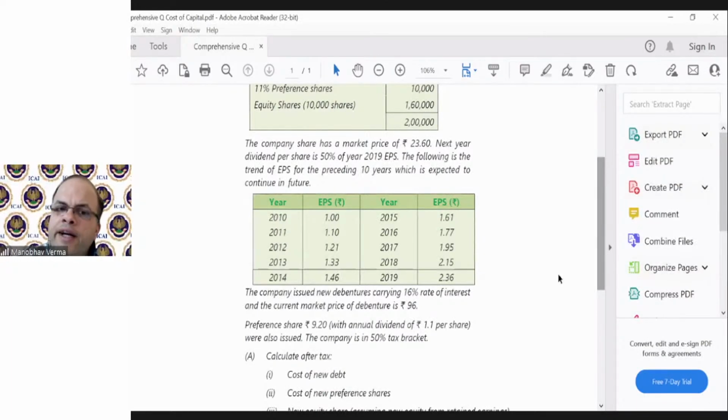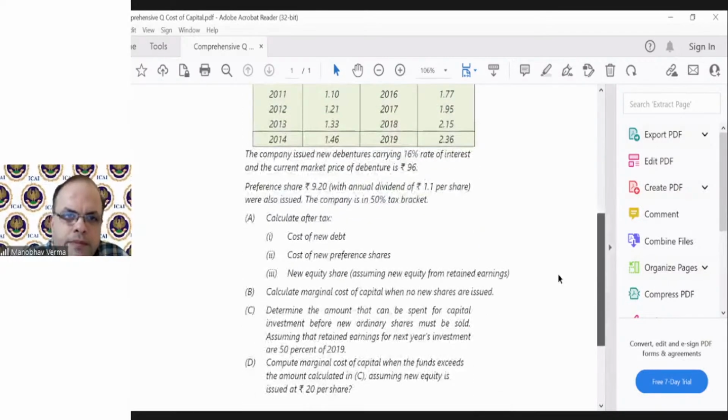So 16 into 1 minus t divided by 96. I think it should be 8.33%, right? Cost of new debt. Okay, that's what the majority of the answers are. Great. Abhishek, 8.33, something you need to check.